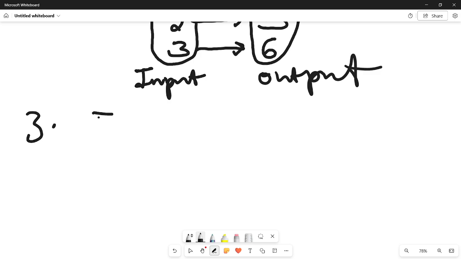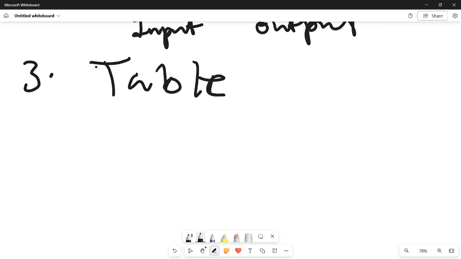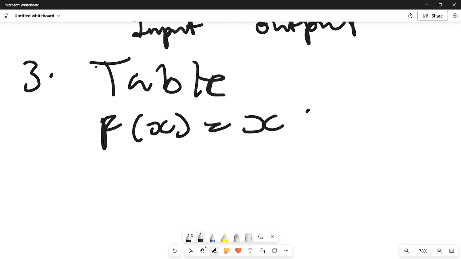Let's just say table. Representation of a function as a table. So using our previous example, we have a function f of x, which is equal to x plus 3.